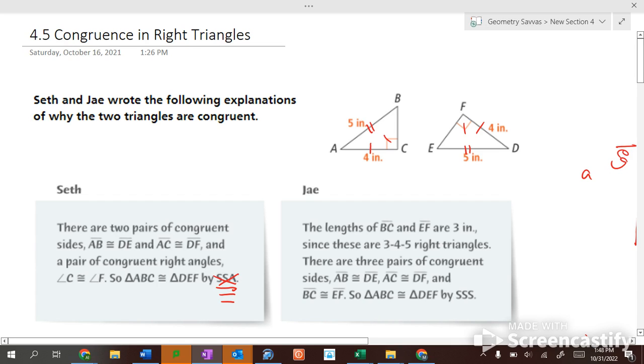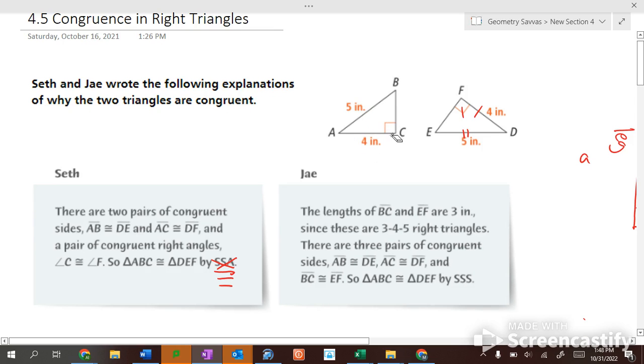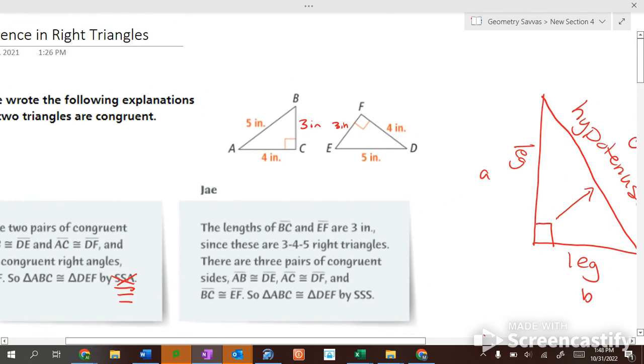Then there's this person by the name of Jay. Jay says the lengths of BC and EF are 3 inches. How would she know that they're 3 inches? By the Pythagorean theorem. C squared equals A squared plus B squared. The hypotenuse of each of these is 5. One of the legs is 4.